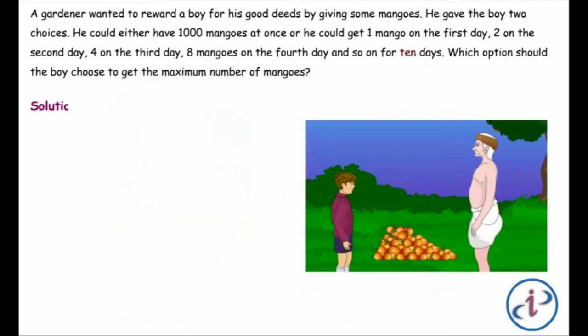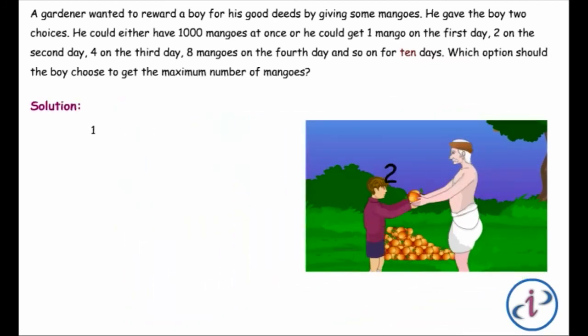The boy could get 1 mango on the first day, 2 mangoes on the second day, 4 mangoes on the third day, 8 mangoes on the fourth day, and so on. Look at the sequence. The ratio between 2 and 1 is 2, and ratio between 4 and 2 is 2. Common ratio is equal to 2.